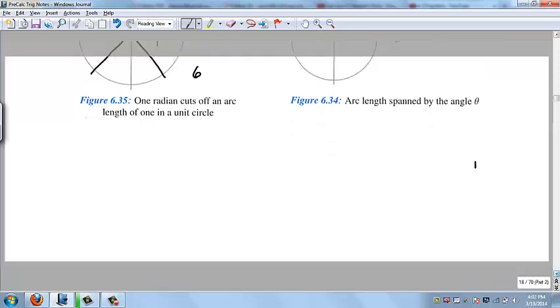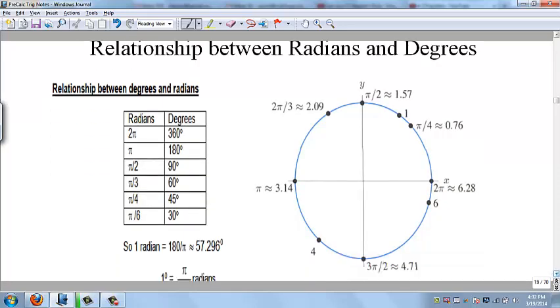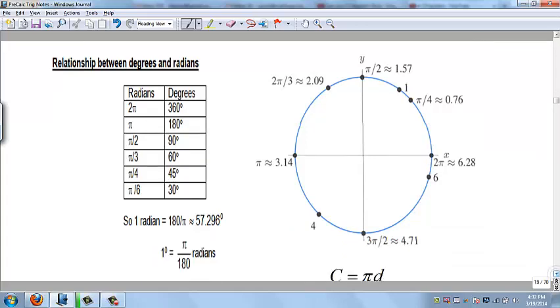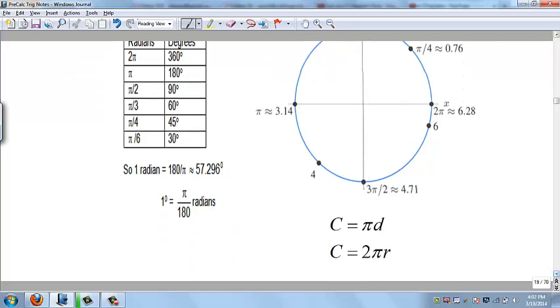Okay, now let's look at the relationship between radians and degrees. I'm going to start by saying the circumference, going around the circle, is the same as pi times the diameter.